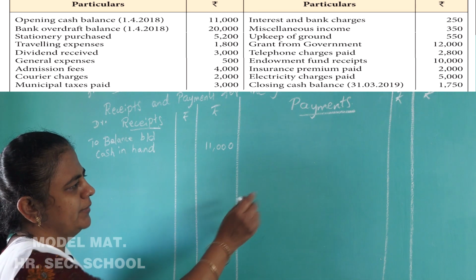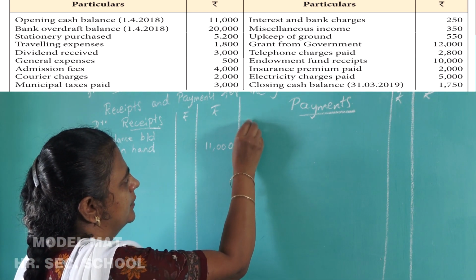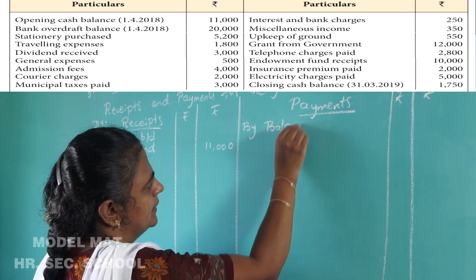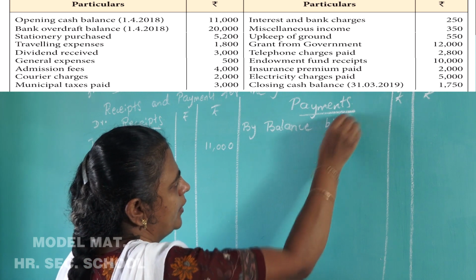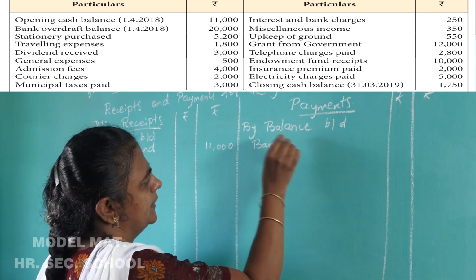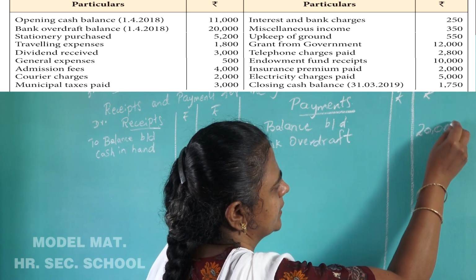So overdraft means you have to put the opening balance on the credit side. So write like this: by, since it is opening balance, write by balance brought down. Under that you write bank overdraft 20,000.